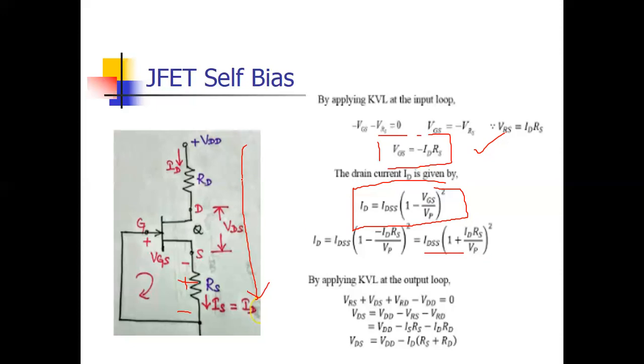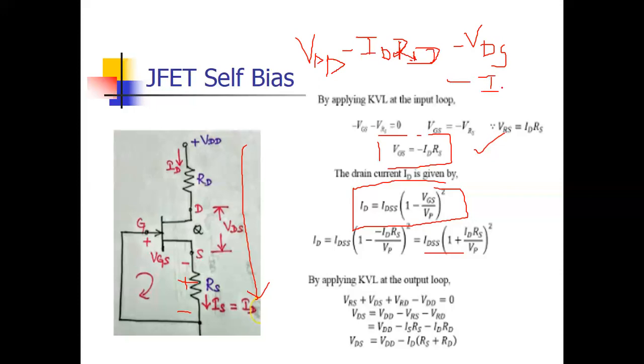Now next we have to calculate VDS. If we apply KVL on the right side, what will the equation be? First of all, VDD, then minus the current flowing through RD, that is ID RD. VDD minus ID RD, next minus VDS, and after that minus either IS RS or ID RS, because both currents are the same.